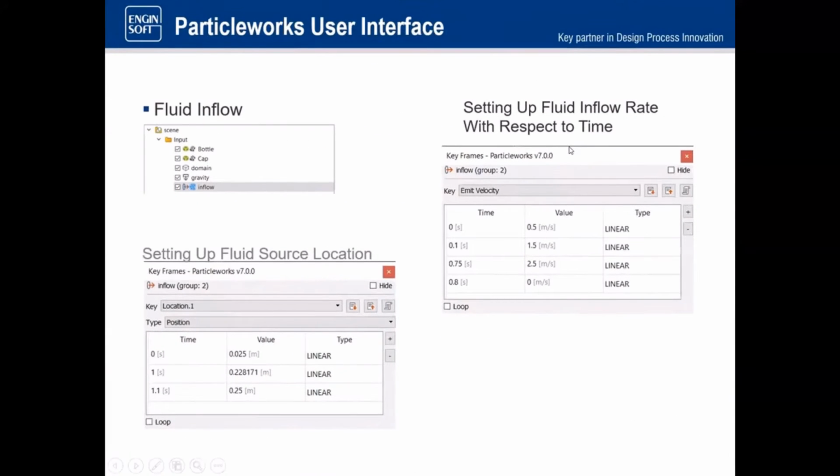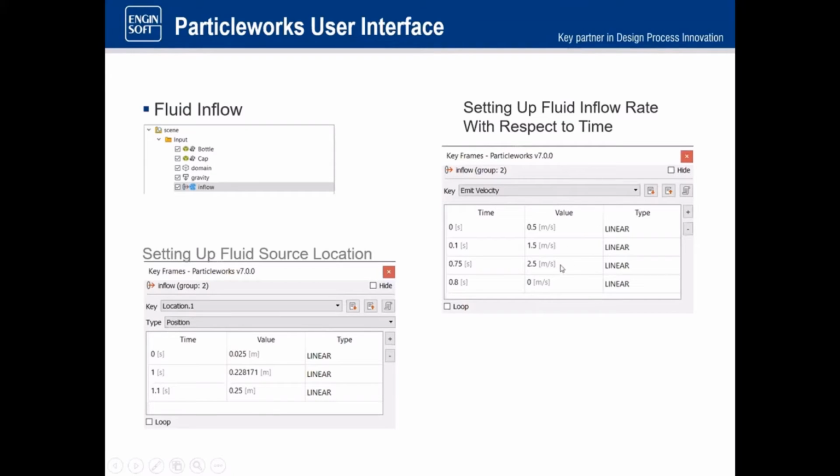And then for Particleworks, as you saw with the animations, we started out by filling the bottle with fluid and letting the fluid settle in. And that actually took about the first second of the simulation before we applied the acceleration. So this shows that in Particleworks, you have this inflow entity to do this fluid source, and you can define, over time, basically the volume of fluid that's coming in.